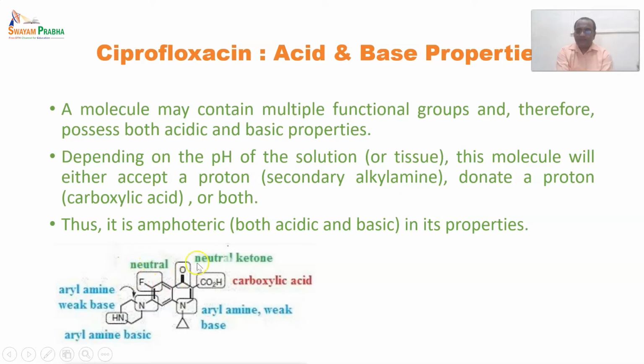After that, there is one more group, the ketone, and the ketone is also a neutral center over here. This neutral center is responsible for hydrogen bonding properties, as it has an oxygen which is able to donate an electron towards a hydrogen, and it is responsible for DNA gyrase interaction also.